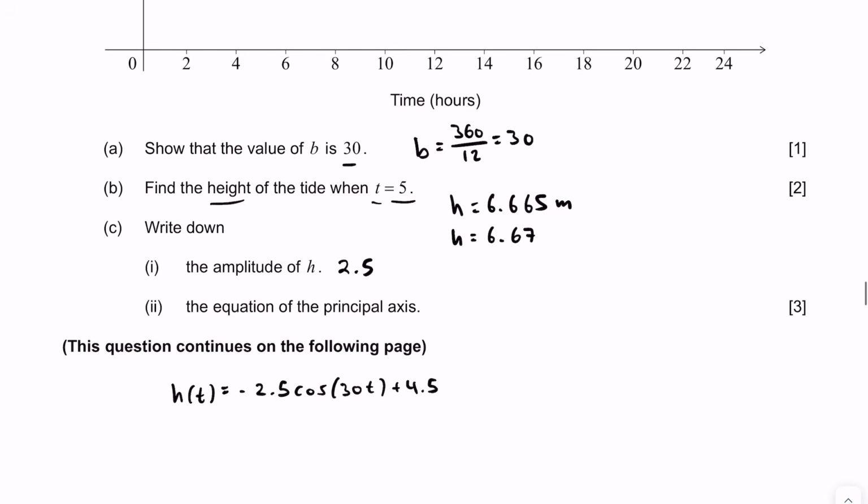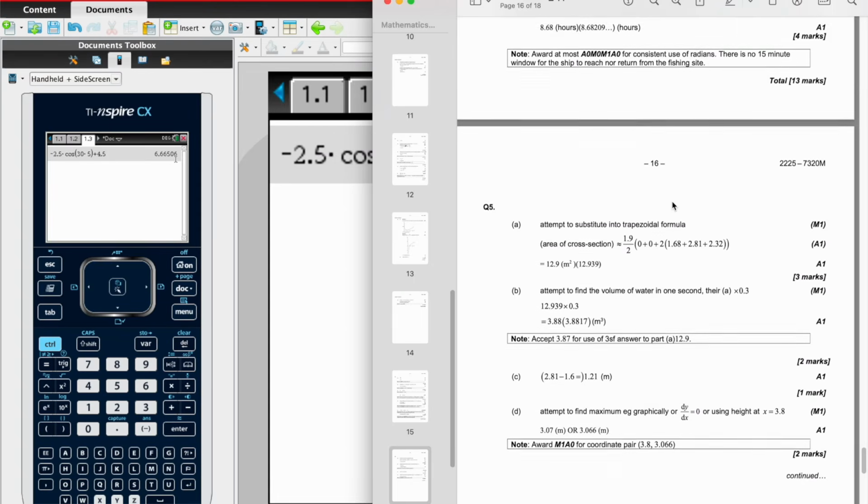In this case, they're asking for an equation, so let's set up an equals here. The equation of the principal axis is h is equal to 4.5. I'm wondering if the mark scheme would accept y is equal to 4.5. I'm not sure, just because our variable in this case is h, the height. I'm actually going to check out the mark scheme here.